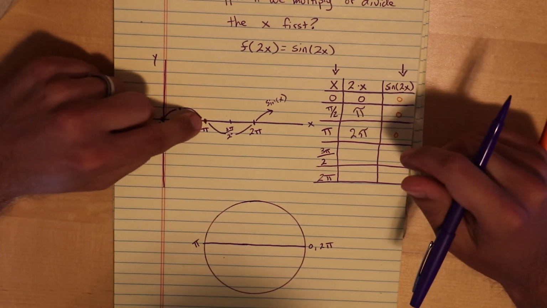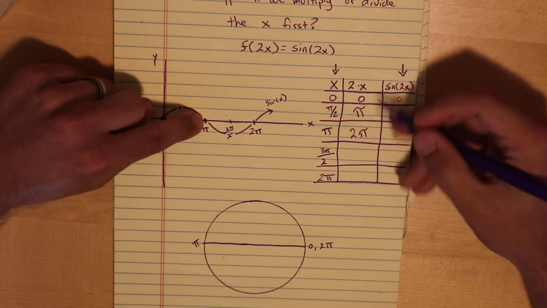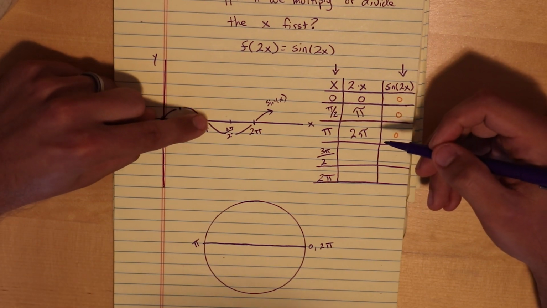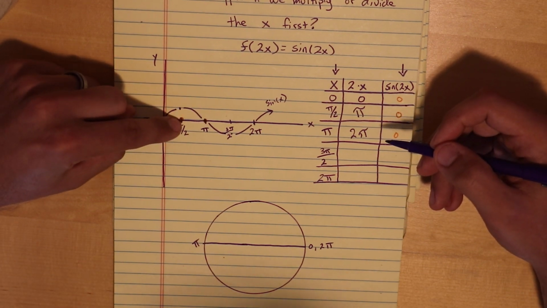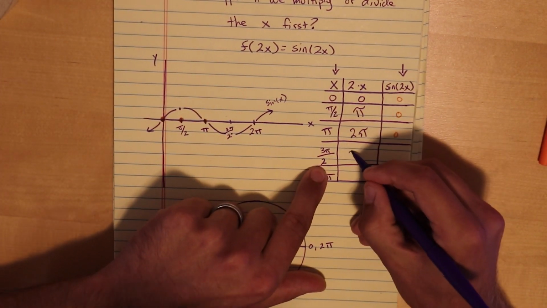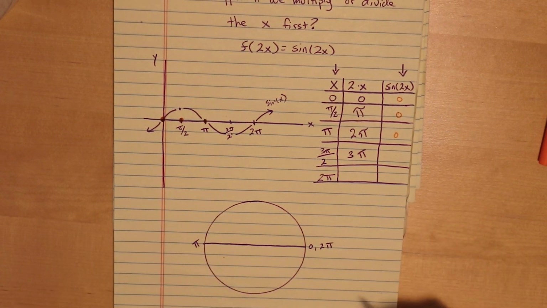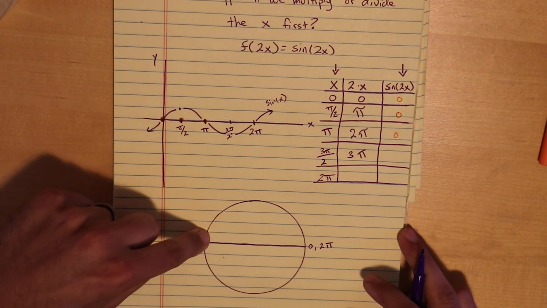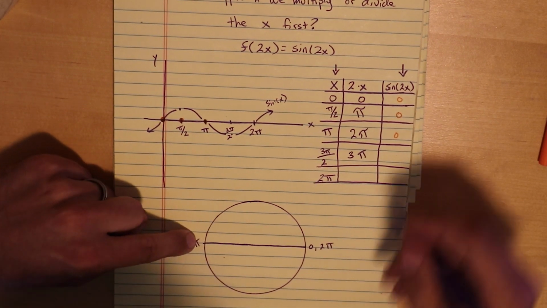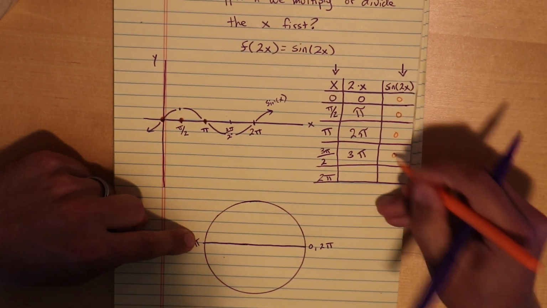So it looks like, at this point here, if I double the input, pi really behaves like double what it is. So pi is going to behave like 2 pi, half of pi will behave like pi, and so forth. If I double 3 halves of pi, the 2's will cancel, and this will be 3 pi. Now 3 pi on the unit circle is really just if I go 1 pi, 2 pi, 3 pi, and the height at 3 pi is still 0.